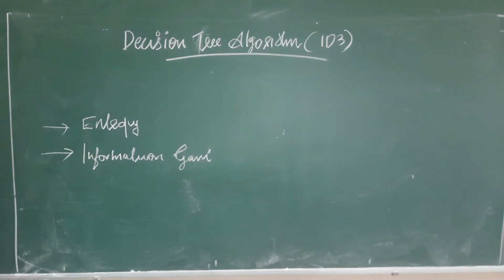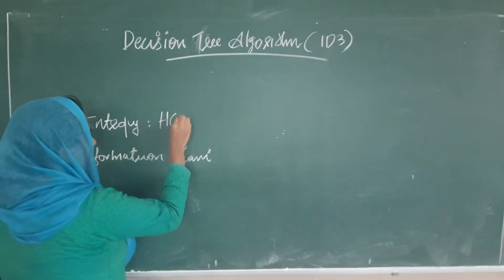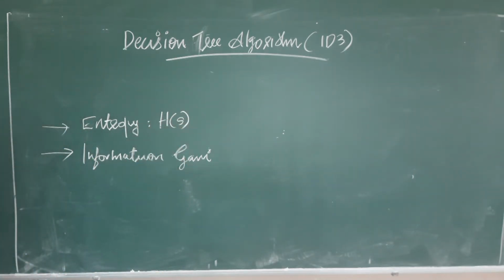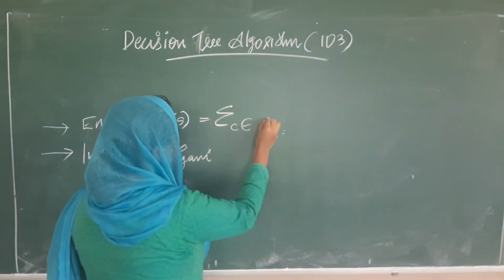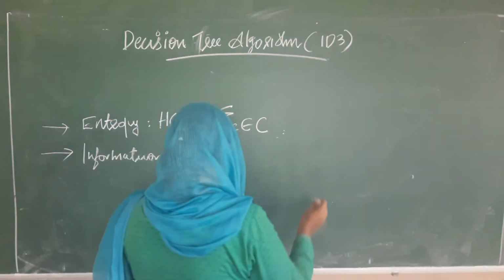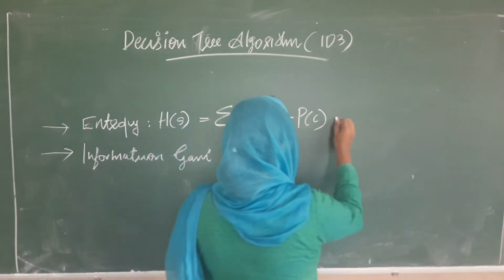These are the two parameters which help us to take a splitting decision. So entropy is actually the degree of uncertainty in a data set. Okay, and information gain is the amount of information gained. For a data set, say S, H of S could be written as: for every class small c present in the set of classes capital C, it is the probability of a class into log of probability of that class.